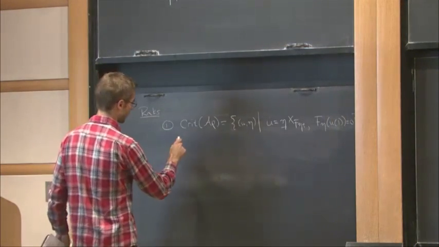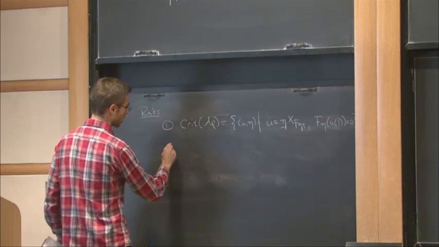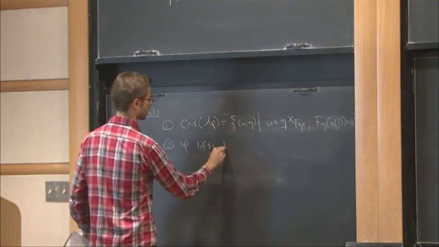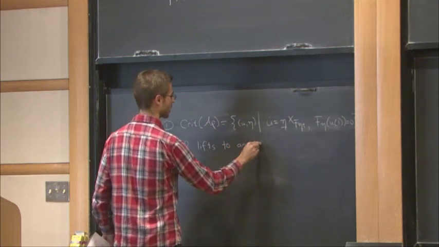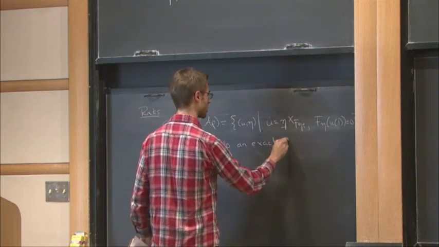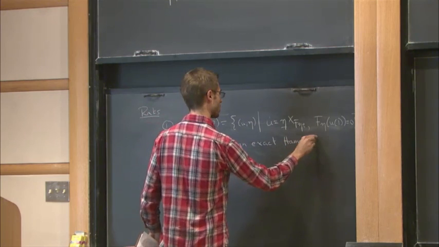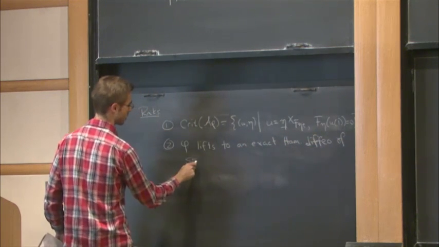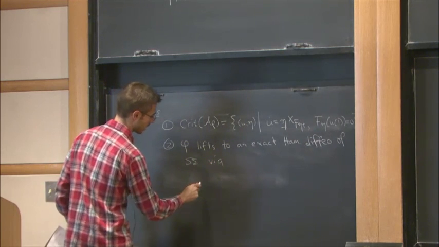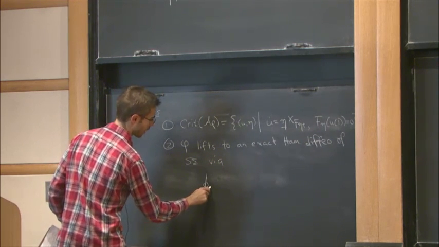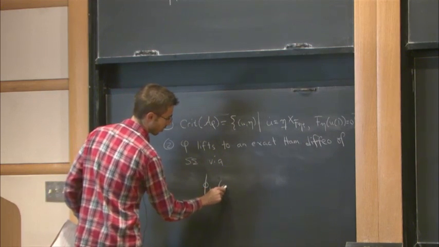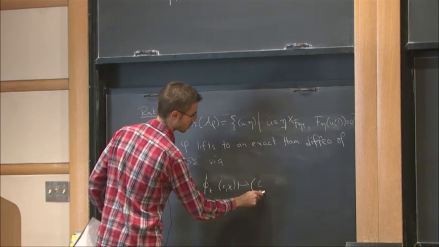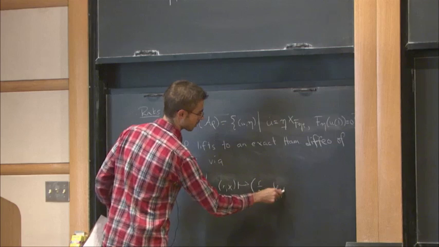And so I should point out as well that phi lifts to an exact Hamiltonian symplectomorphism of S sigma via, so I'm going to use a different phi now. And this is going to send (r, x) to (r over rho_t(x), phi_t(x)).